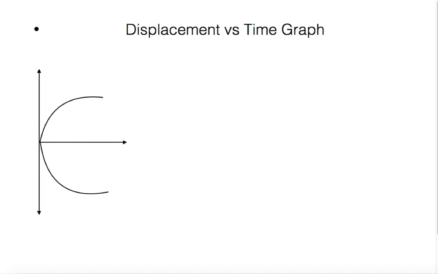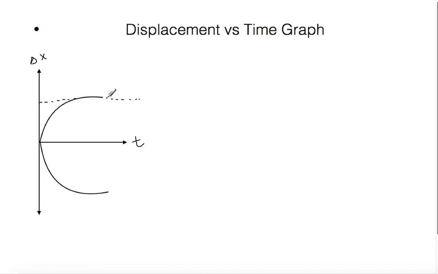Yes, we can continue with the displacement time graph. As you see here, again, we can call it delta x and t. This graph shows that it starts to move, but then slows down and remains constant.